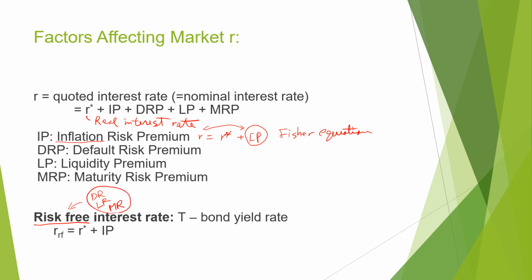Risk-free means free from these three risks, not free from inflation risk, because inflation can affect every part of the economy. So R subscript RF, that's the risk-free interest rate, equals real interest rate plus inflation premium.